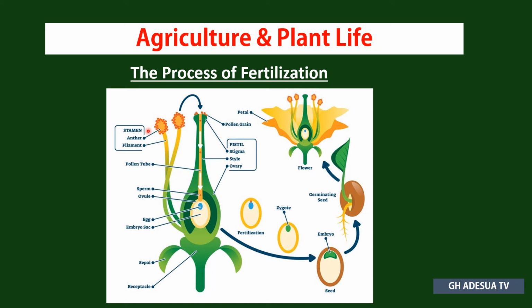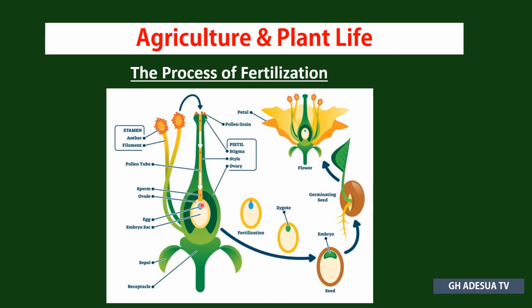When the pollen grains move there, they are absorbed onto the surface. Then the pollen grains travel through the pollen tube down into the ovule. Then inside the ovule, it finds its way to the eggs.